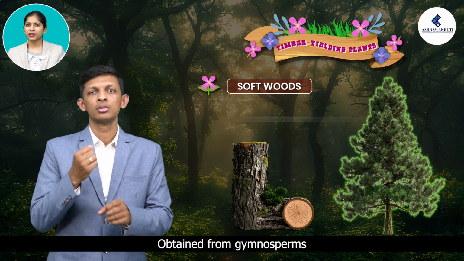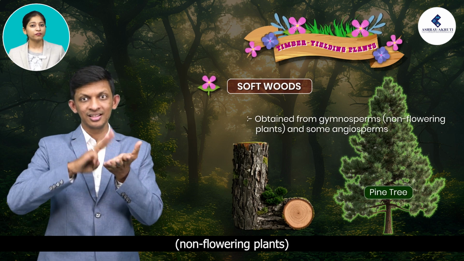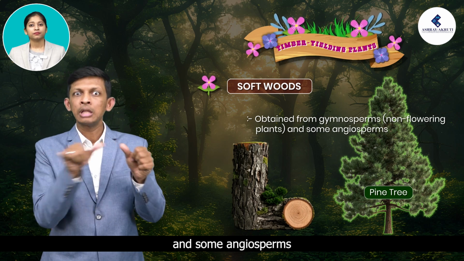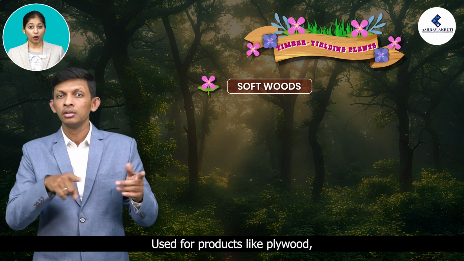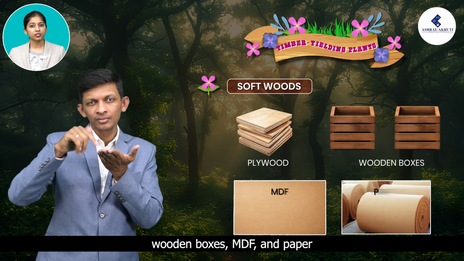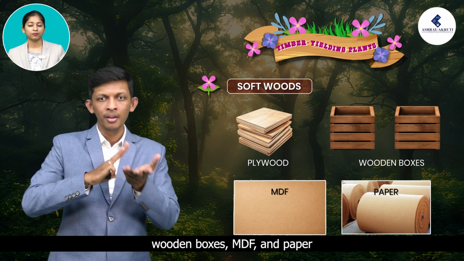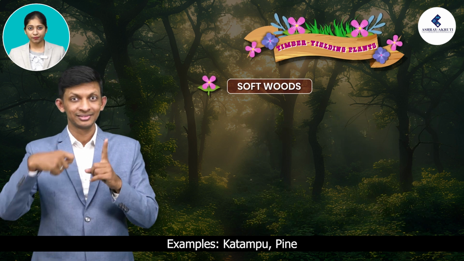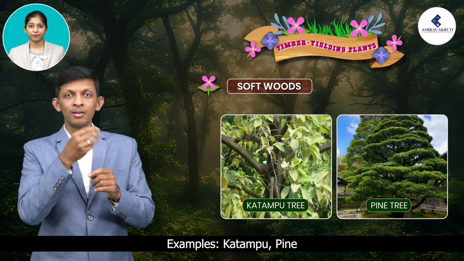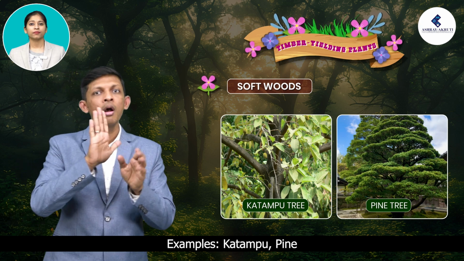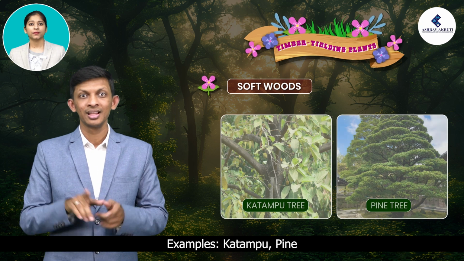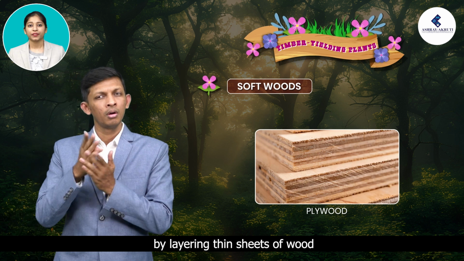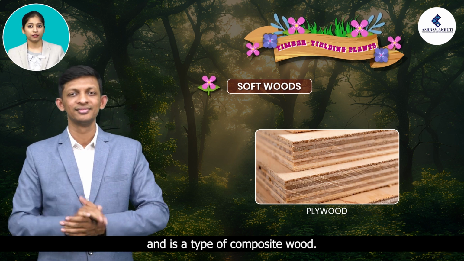Softwoods, obtained from gymnosperms, non-flowering plants, and some angiosperms, are used for products like plywood, wooden boxes, MDF, and paper. Examples: kadamba, pine. Plywood is made by layering thin sheets of wood and is a type of composite wood.